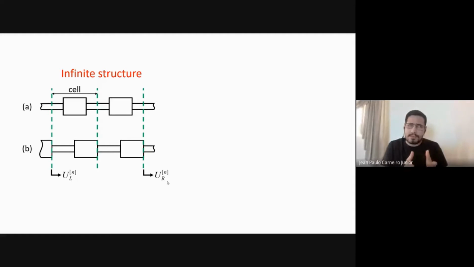Actually, when we look at an infinite structure and we set, for example, some regions in this infinite structure like here, even though this set, like A and B, looks like a symmetrical or asymmetrical structure, in terms of the complete element it will be symmetrical. So this behavior is equal.